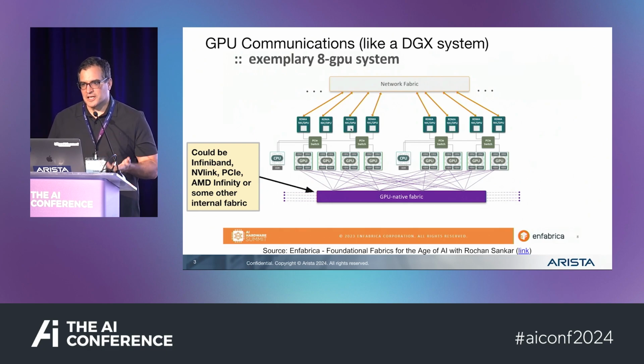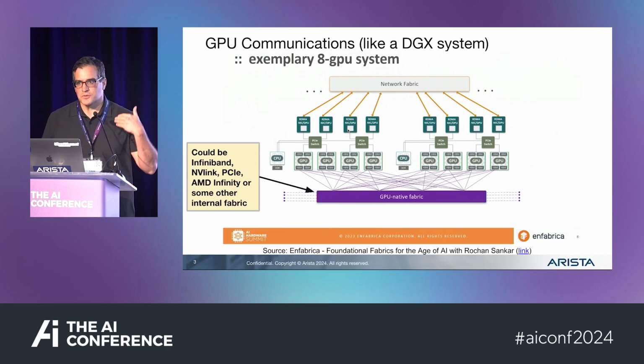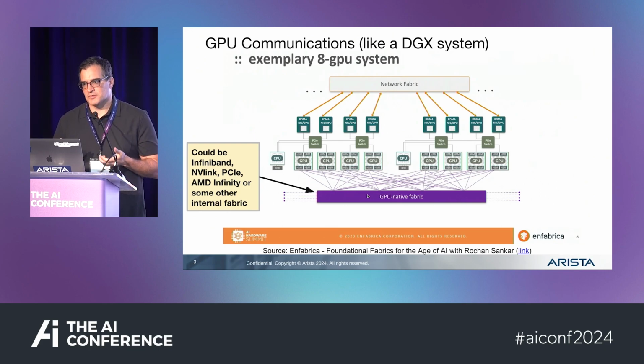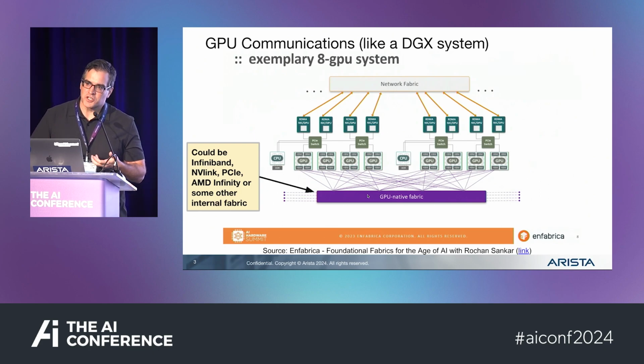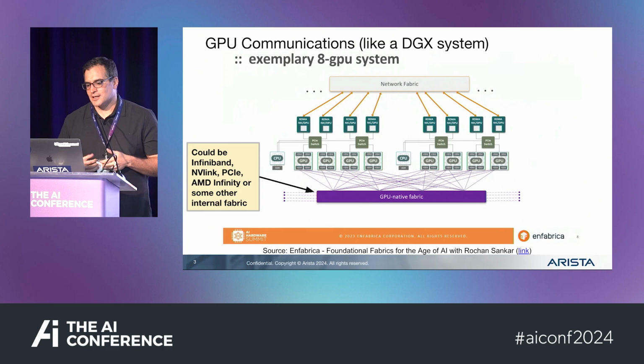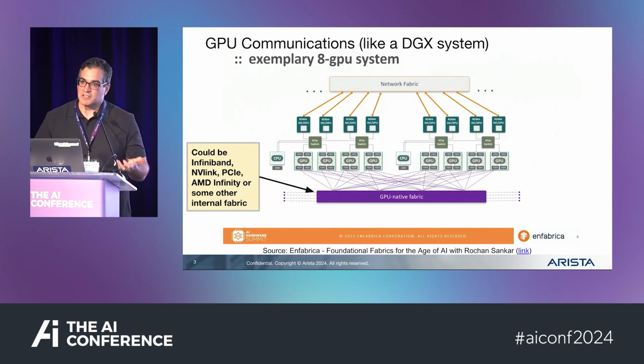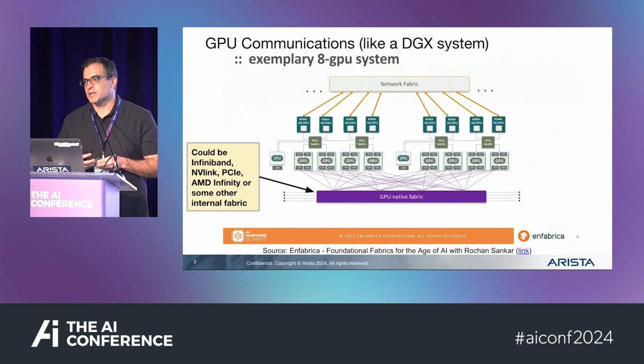There's a one-to-one relationship between these GPUs and their upstream network interface cards, or NICs. And what's interesting is within the system, those GPUs talk to each other. The communication doesn't leave the box. There's usually some GPU native fabric. In the NVIDIA world, that's called NVLink. In the AMD world, that's their Infinity Fabric.